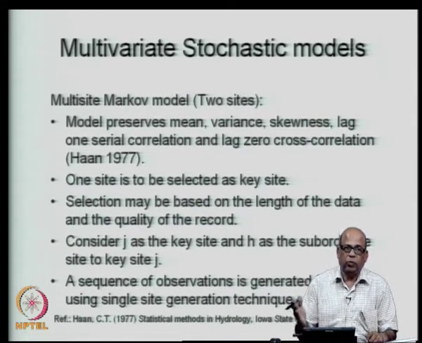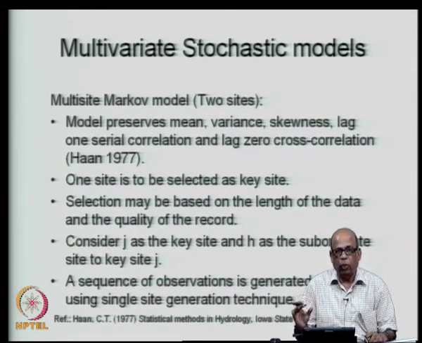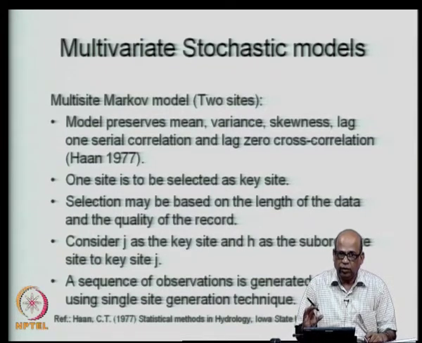Now, we will start with the multi-site Markov model. I discussed at the beginning of this lecture the Thomas-Fiering model. The Thomas-Fiering model is the single site Markov model, and it is a single site one step Markov model inasmuch as we consider rho 1, that is lag 1 autocorrelation.